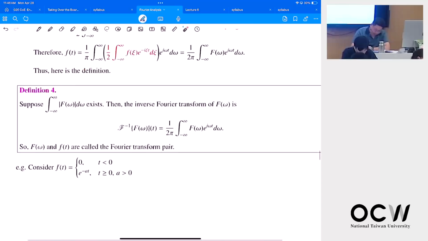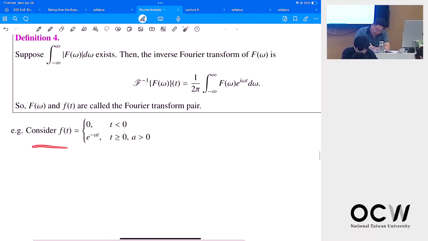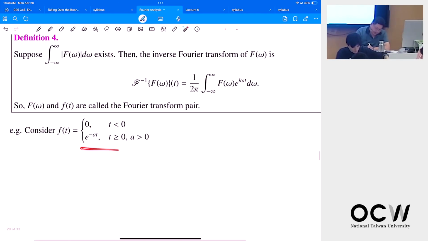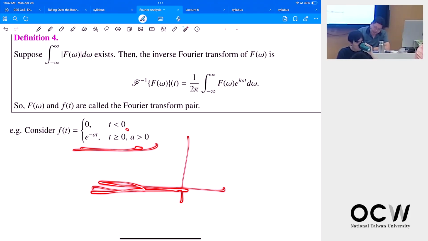So first, let's see. I have a function. Before 0, times less than 0, that's 0. After that, I have a value. Remember, before 0 is 0, and after 0, time t greater than 0, then I have a value.